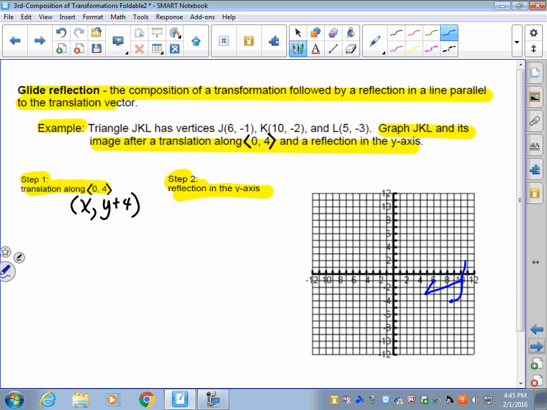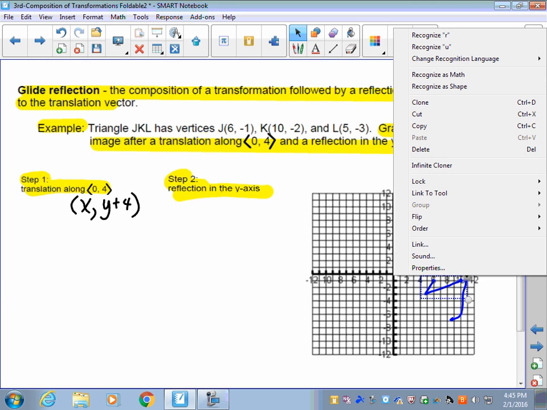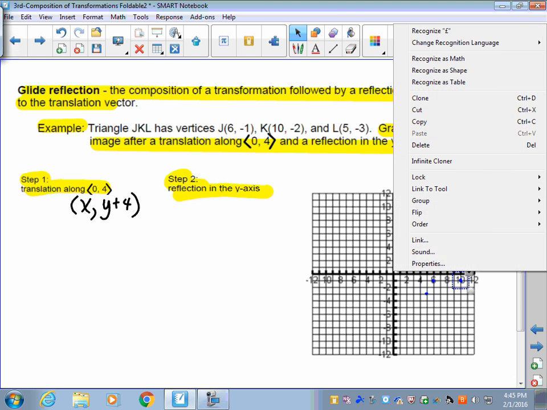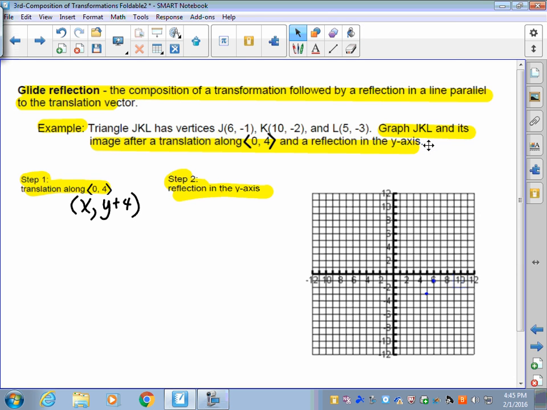Let me fix, I need to fix my negative. It's 10, -2 here. All right. We have J, we have K, we have L.